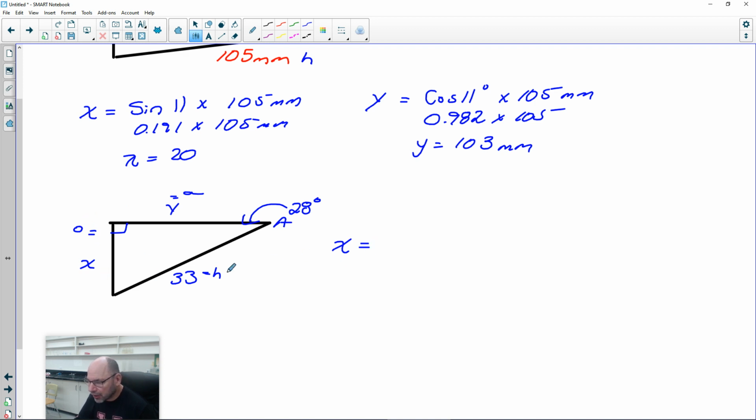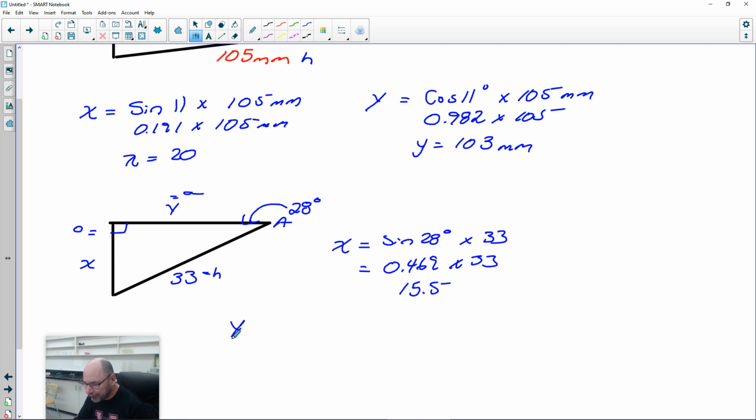X is our opposite side, so that's sine 28 times 33. Calculate that: 0.469. We multiply that by 33 and get 15.5.